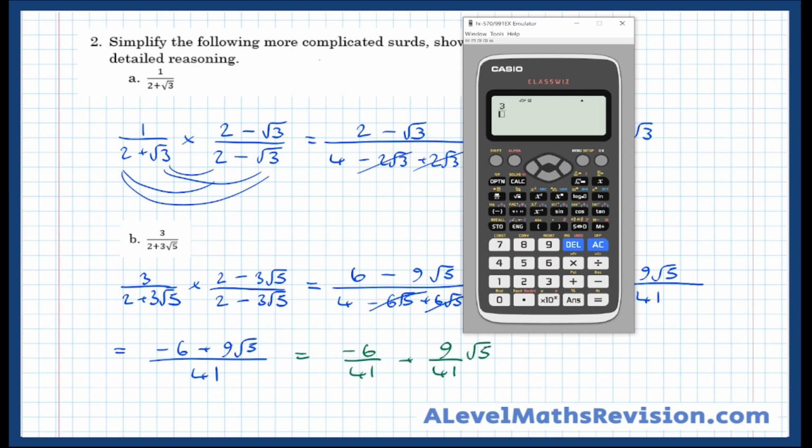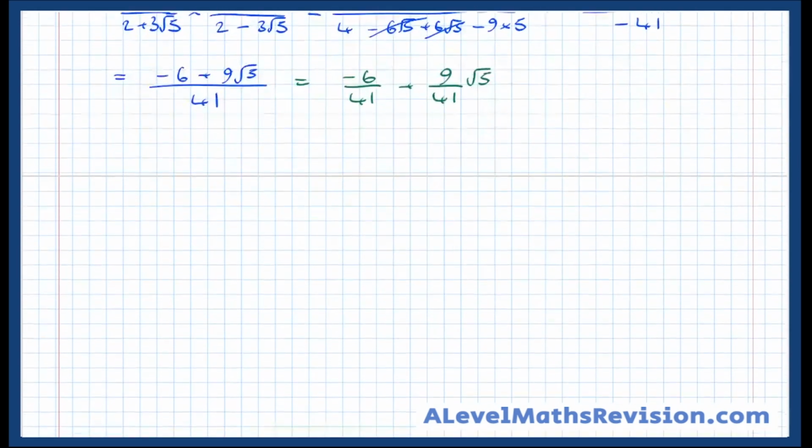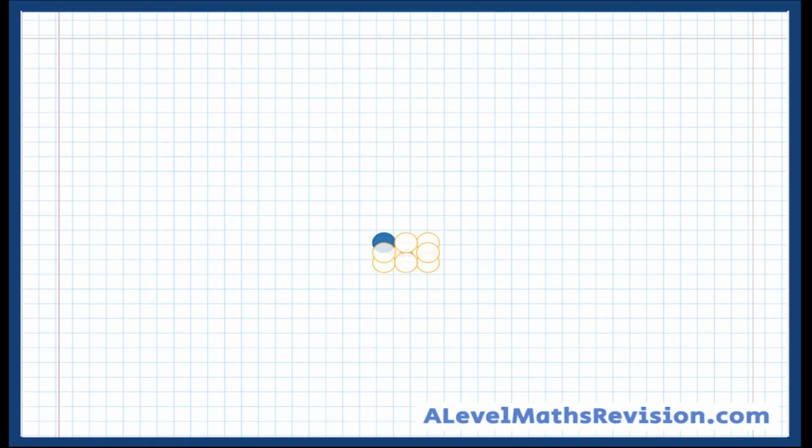Got 3 over 2 plus 3 root 5 equals minus 6 plus 9 root 5 over 41. Let's do another. Slightly more complicated again. So let's simplify this surd here.